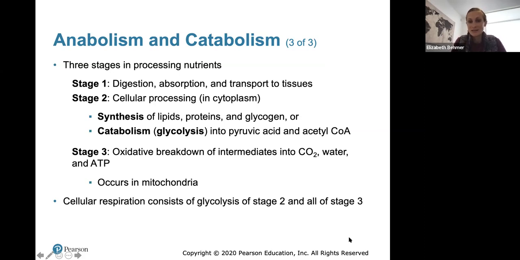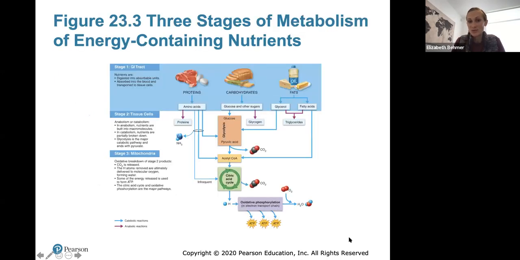All of our body cells need ATP to function, and this stage 3 occurs in the mitochondria. Cellular respiration consists of glycolysis in stage 2 and all of stage 3, and that's what we'll be going over in general. These are the 3 stages of metabolism of energy-containing nutrients.